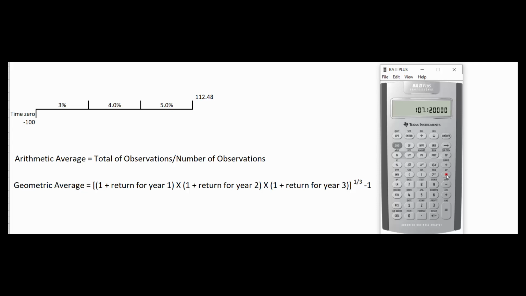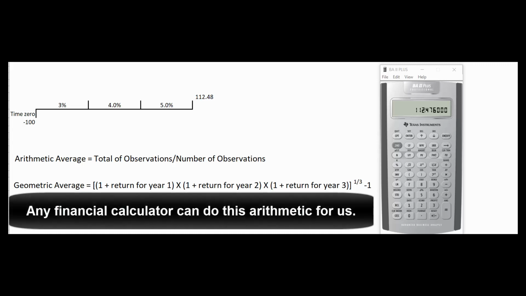Take that and multiply that times 1.05. And at the end of 3 years, we have $112.48 or $112.476.